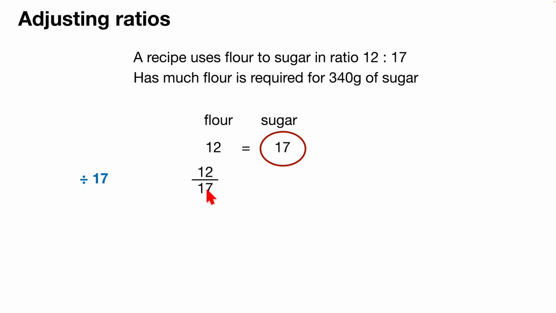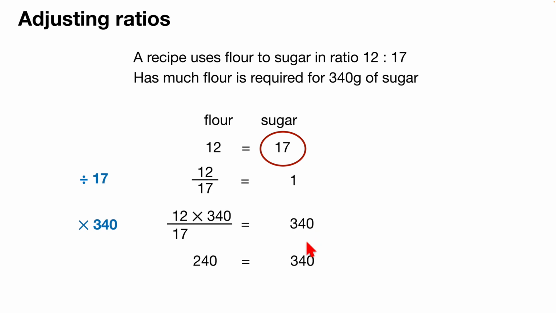12 over 17, not one to do on your fingers, wait for the calculator, is equal to 1 of sugar. And to get 340 grams, I'm going to multiply that 1 by 340. So I get 12 times 340 divided by 17, which is equal to 340 of sugar. And this works out to be 240.